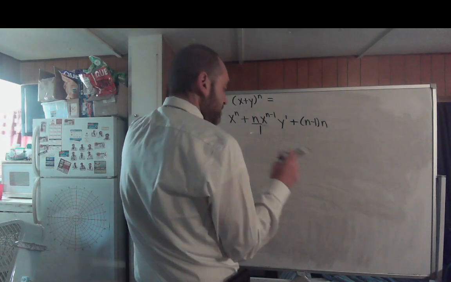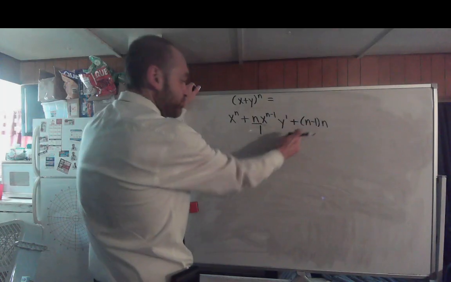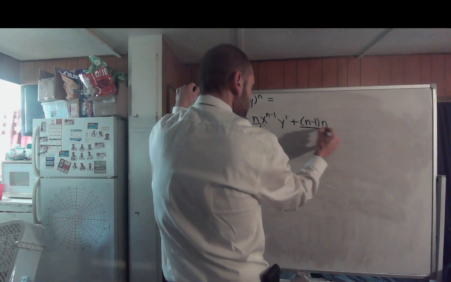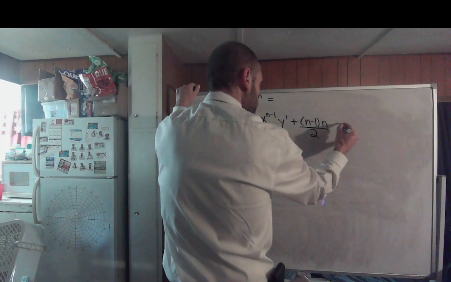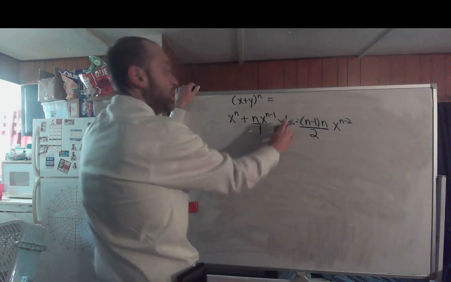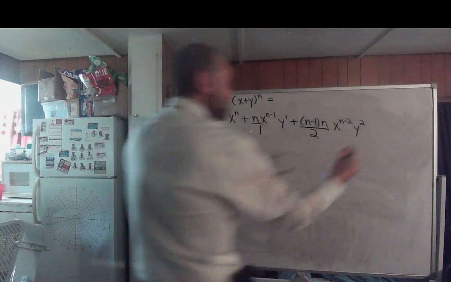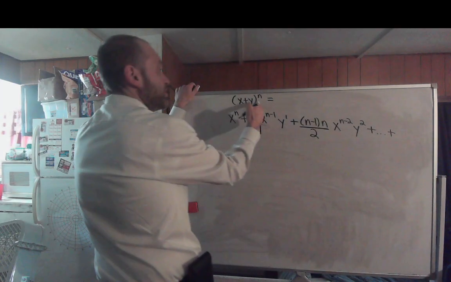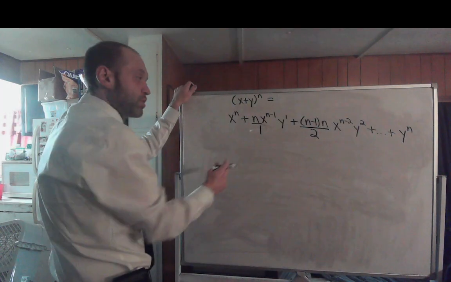What you're going to do is go back to your previous term. The previous term number was 2, right? You're going to divide that coefficient by 2. Lower your x power yet another degree, so that'd be x to the n minus 2. And then raise your y power another degree, y to the second, until eventually you just end up with that last term of the binomial raised to the nth power. That's eventually where you end up.